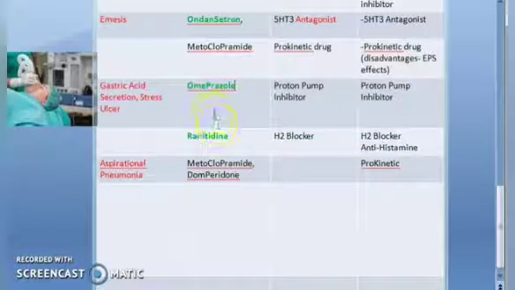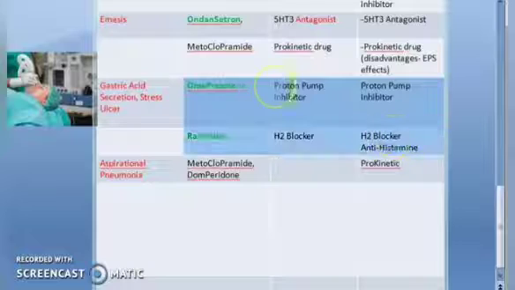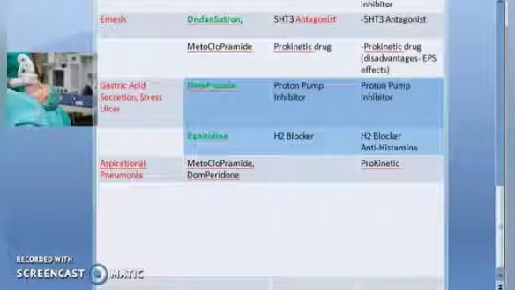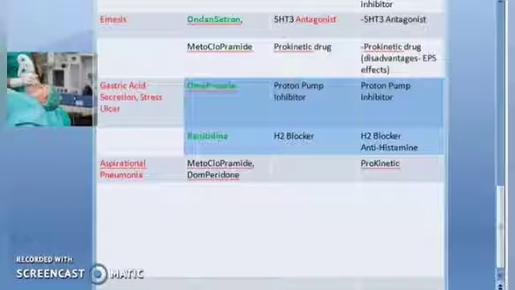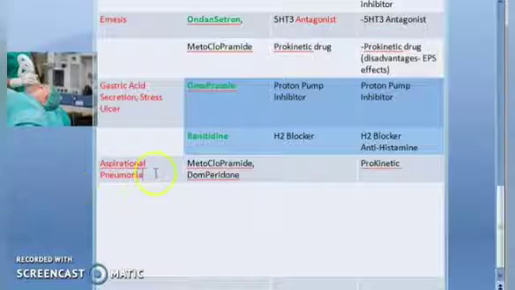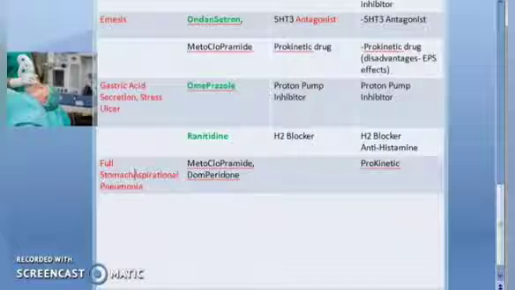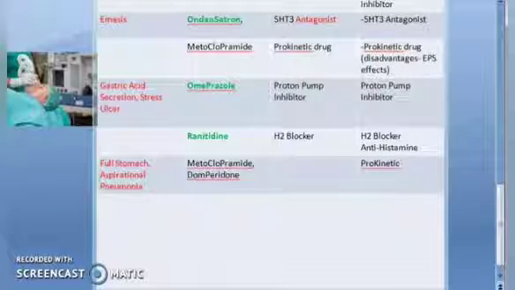Okay. These can even prevent aspirational pneumonia. Okay. Coming to gastric emptying before surgery to prevent aspirational pneumonia. So basically gastric emptying you want. Full stomach, you want to prevent this. Or aspirational pneumonia you want to prevent.